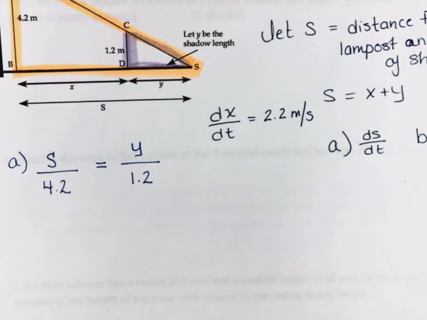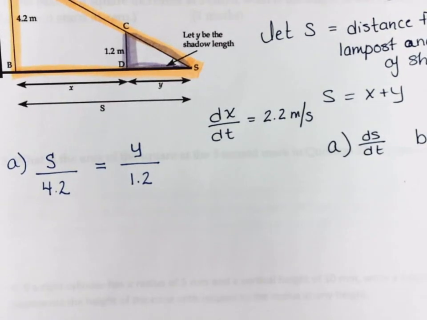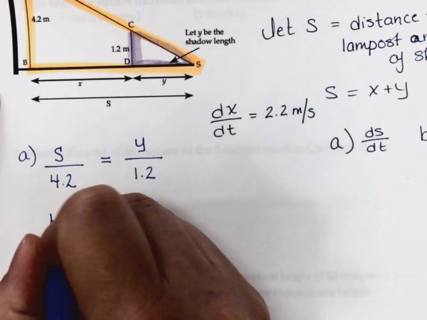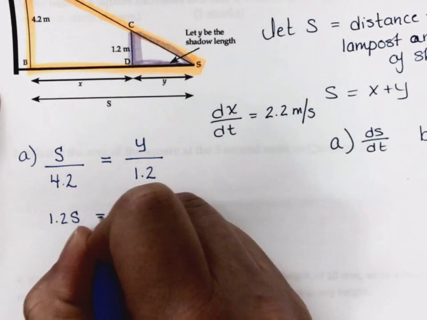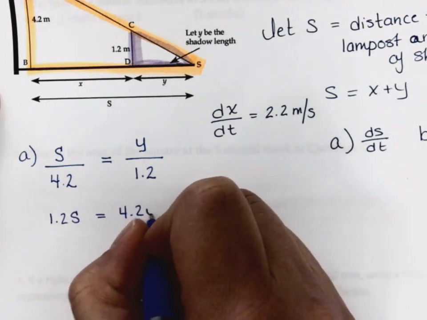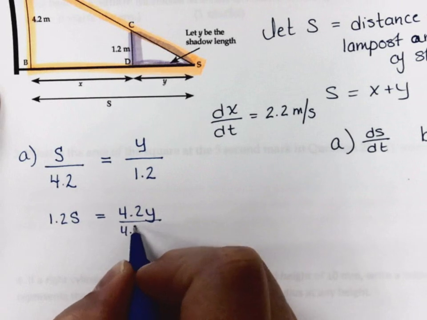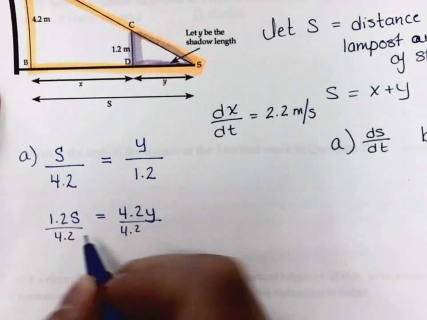What I want is an equation that's going to have a similar variable. I hope this makes sense in about 2 seconds. I'm going to cross multiply and solve for y, and it's going to be in relation to s. So I'm going to have 1.2s is equal to 4.2y. So divide by 4.2, divide by 4.2.